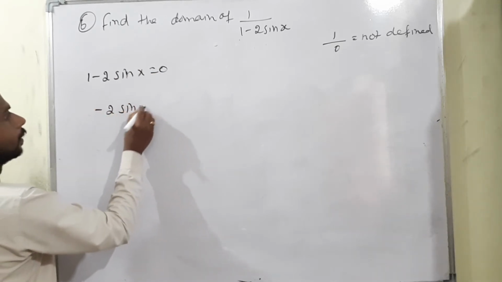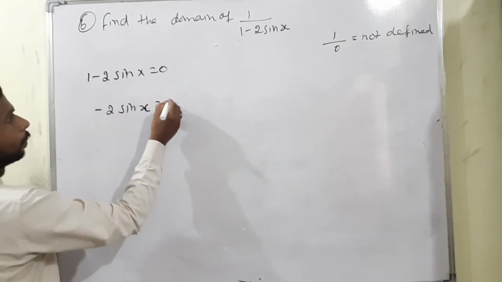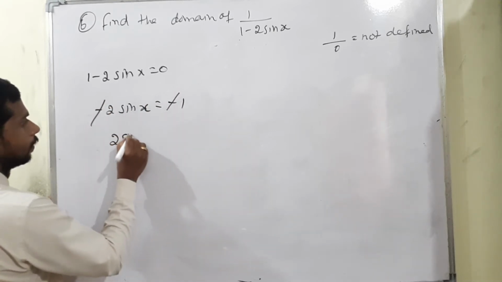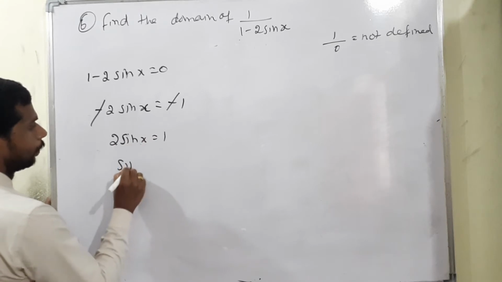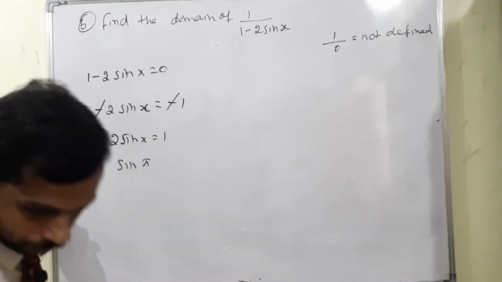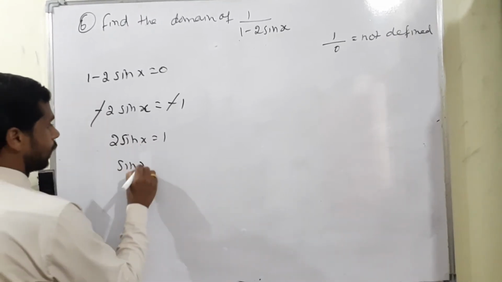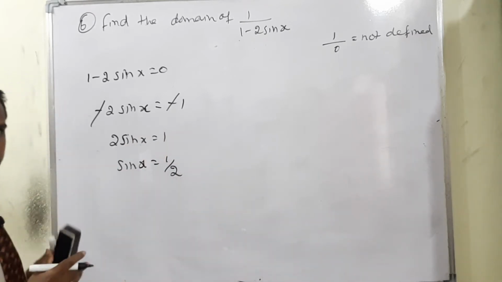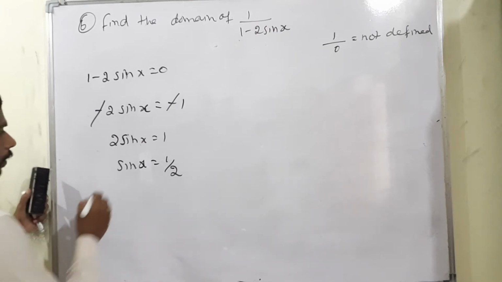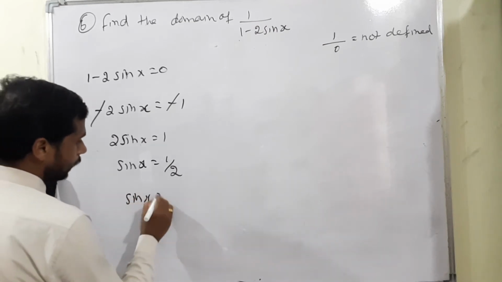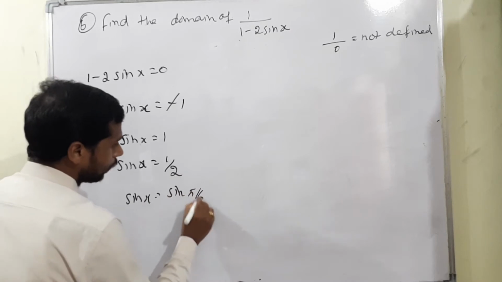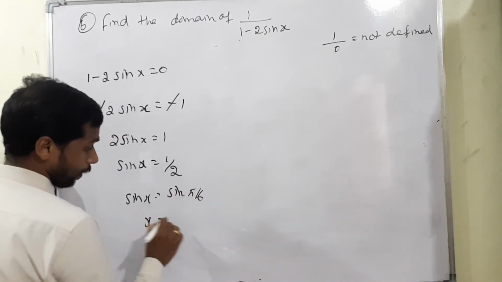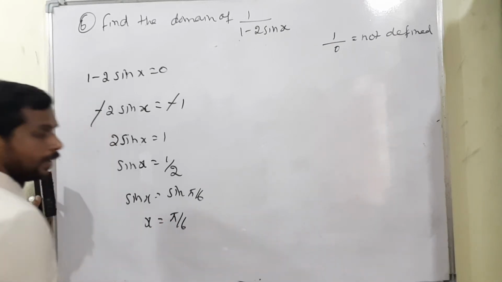Then minus 2 sin x equals minus 1, the minus signs cancel, so 2 sin x is equal to 1, means sin x is equal to 1 by 2. Sin 30, that is sin pi by 6, means 1 by 2. Therefore, sin x is equal to sin pi by 6, means x is equal to pi by 6.